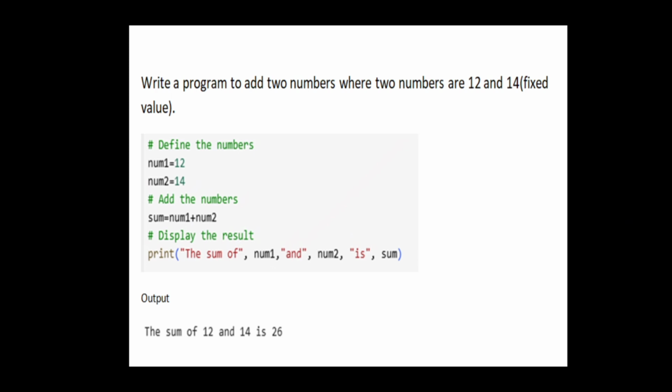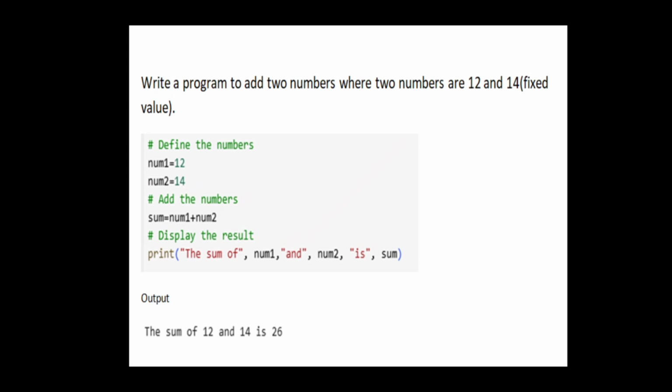Now first of all, we kept these two values, that is 12 and 14, in two variables. Now num1 is one variable where we store 12. Num2 is another variable where we store 14.